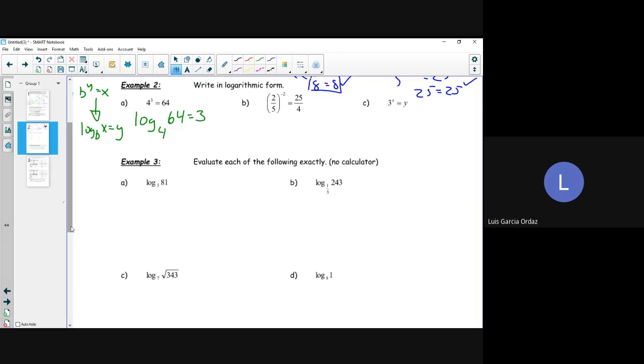We have 2 over 5 to the negative 2 is equal to 25 over 4. Yep, so you have log base 2 over 5 of 25 over 4 is equal to negative 2.